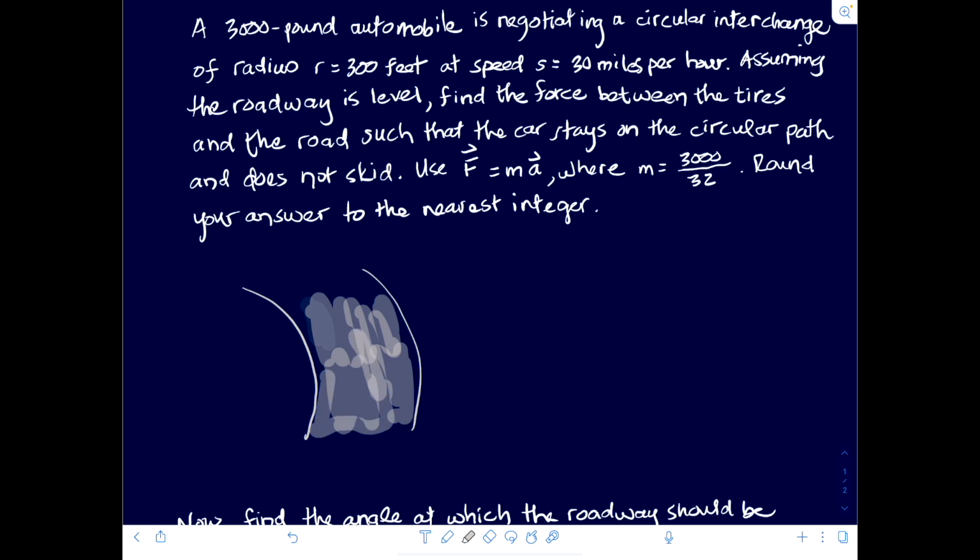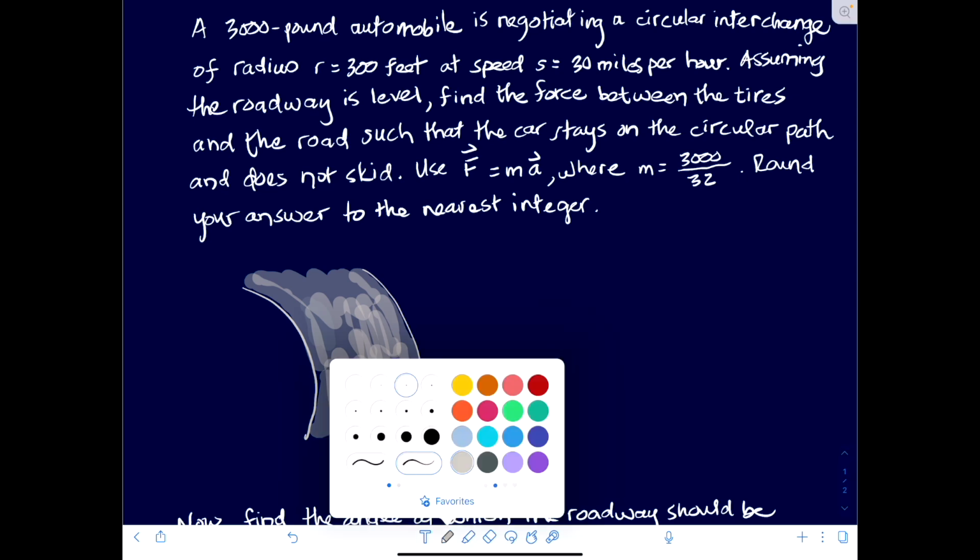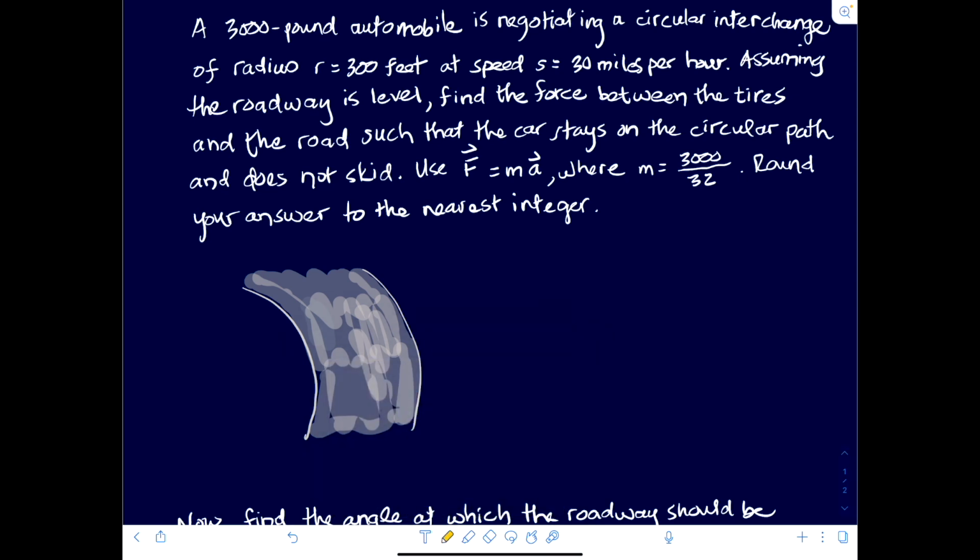Here's our road. Remember, I'm a math person, not an artist. And you've got your lines in the road. And then we've got our little car.